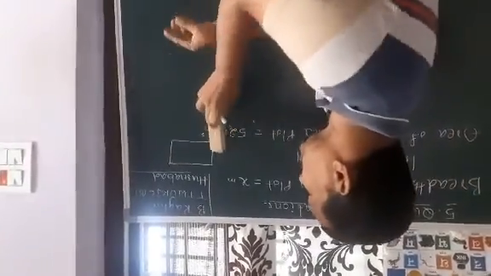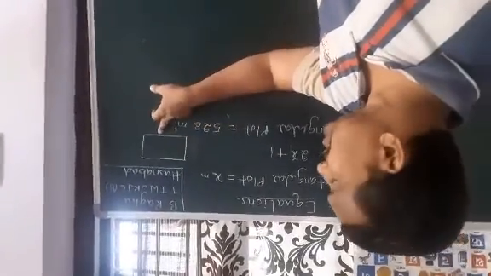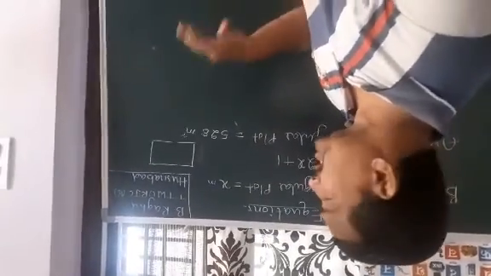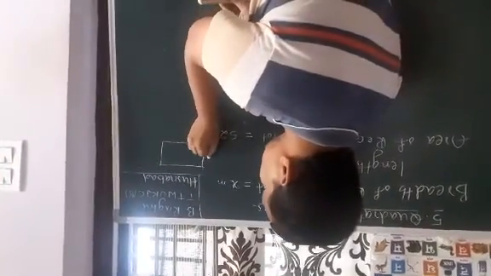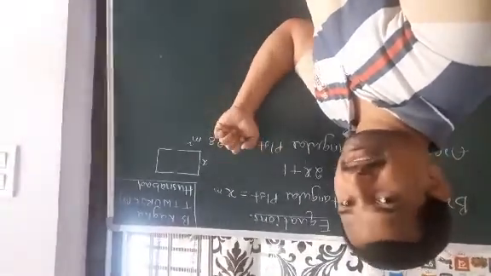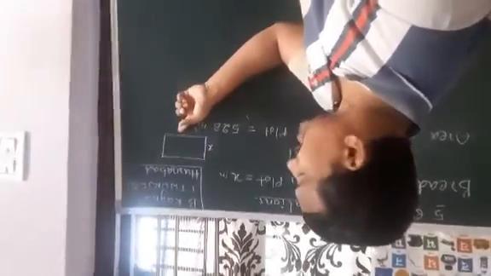But here we don't know the length and breadth. Length is depending on the breadth, but breadth is also not given. So, let us assume breadth is x meters. So, what is the length?